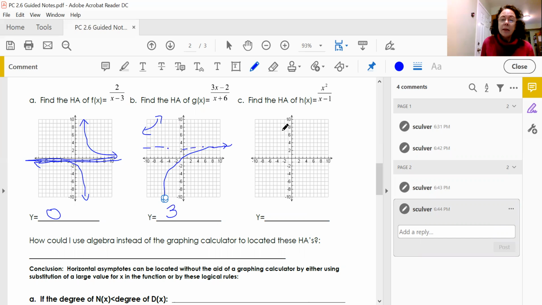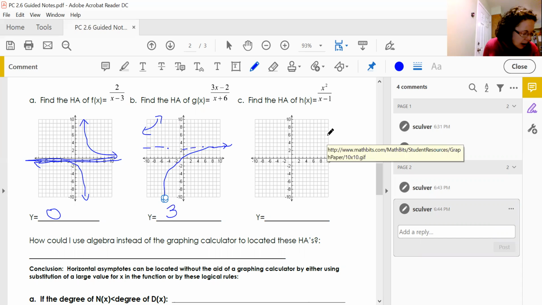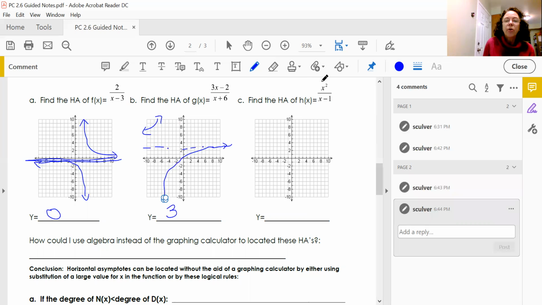Okay. Last, let's find the horizontal asymptote where the graph seems to be flattening out on the ends for the graph of x squared over x minus 1. Now this graph has a kind of unique look to it where it goes like this.